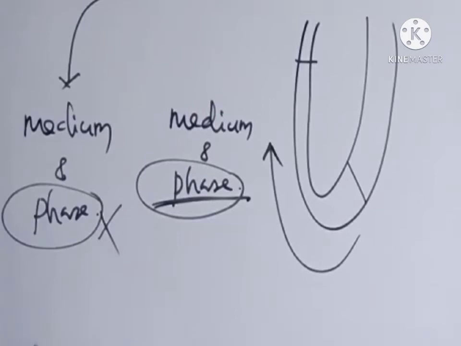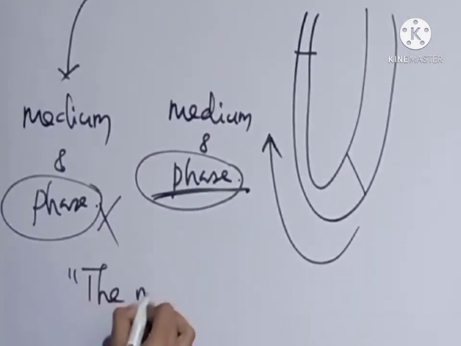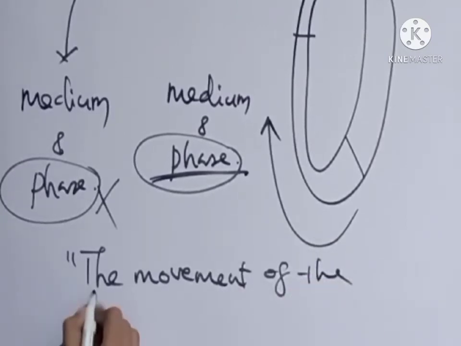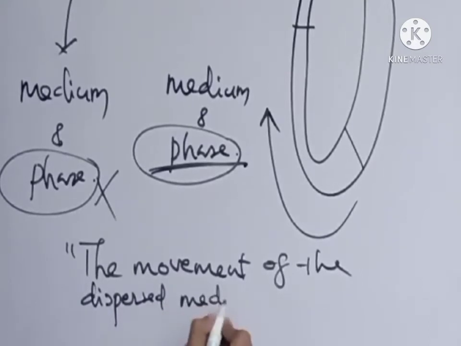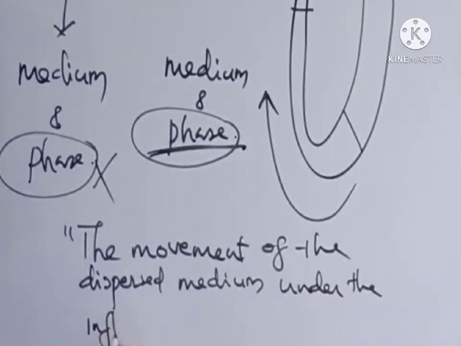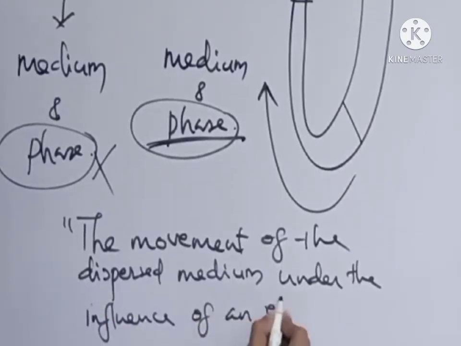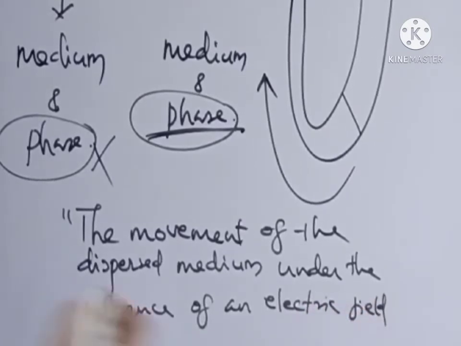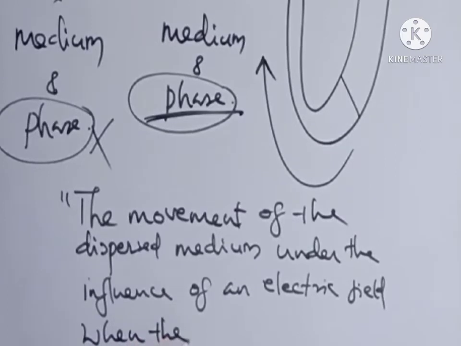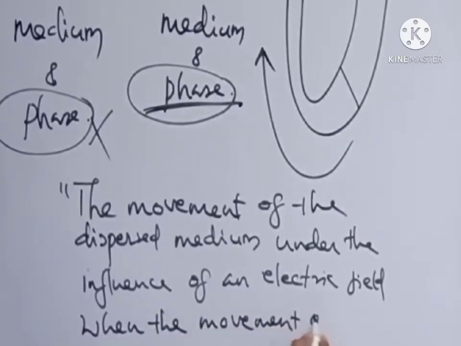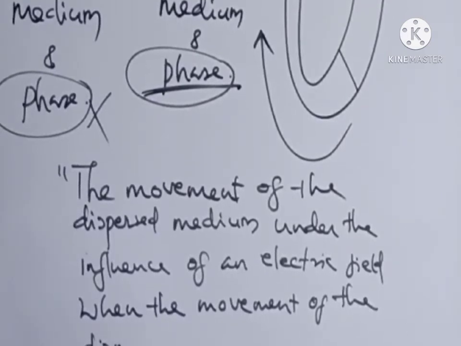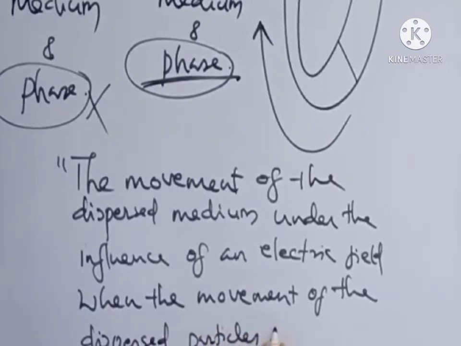So we can define electroosmosis as the movement of the dispersed medium under the influence of an electric field when the movement of the colloidal particles is prevented.